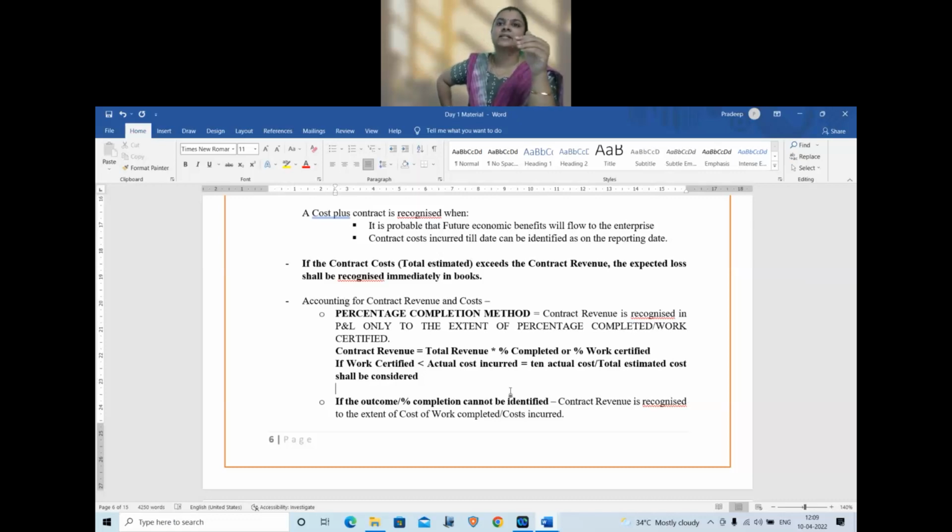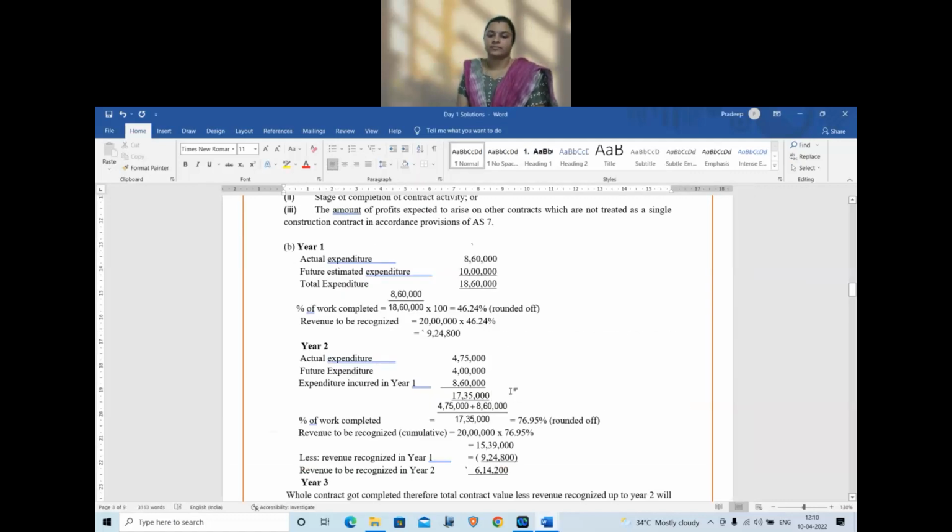So the standard says if your cost incurred for the year is more than the work certified, you should go only by cost incurred. You cannot go by work certified. The principle is the matching concept. You have spent 8,60,000, so you have to recognize revenue for 8,60,000. Okay, this was your RTP question again. Latest RTP question. Take down for year 1, then we will go for year 2.